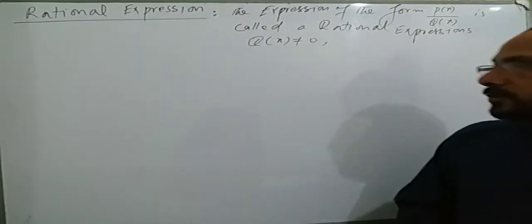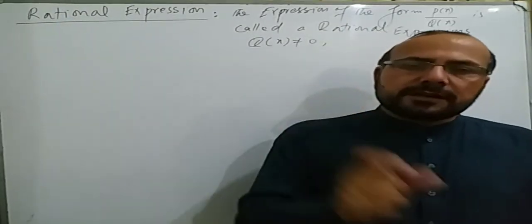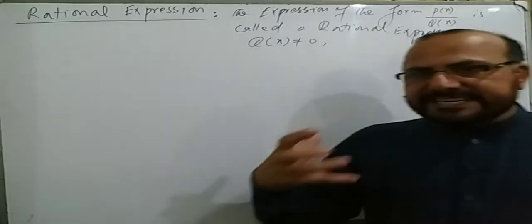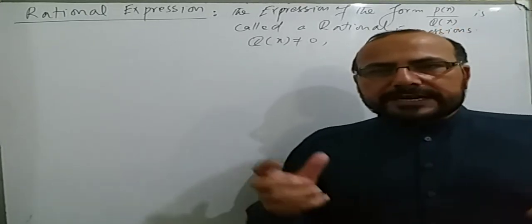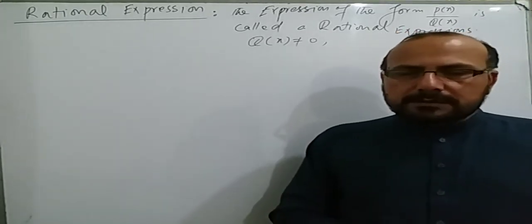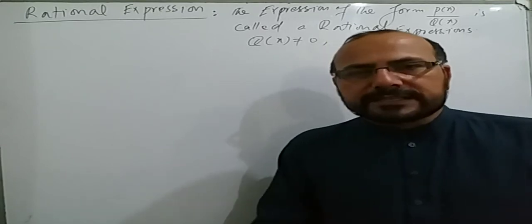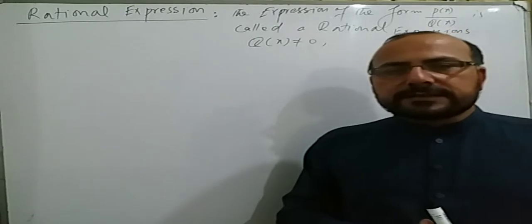When we are talking about the rational, a rational number is basically a fractional form of a number. We have studied in Mathematics 1 how to understand the rational number and how to apply some mathematical operations on rational numbers. But here we need to understand what the rational expression is.